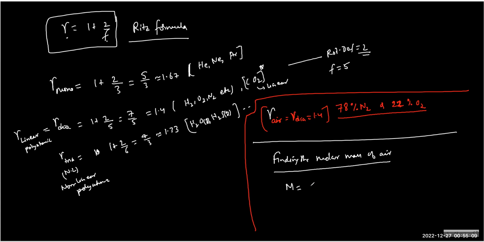The formula is the summation of percentage abundance into the mass of each element. You need to know in what abundance it exists in nature, and you multiply to get the molar mass. That's why sometimes molar mass comes as a fraction.